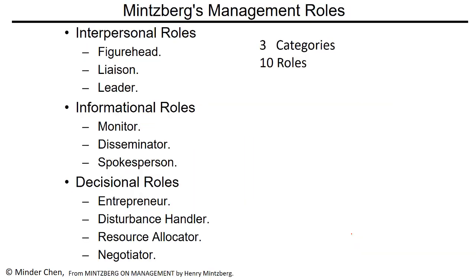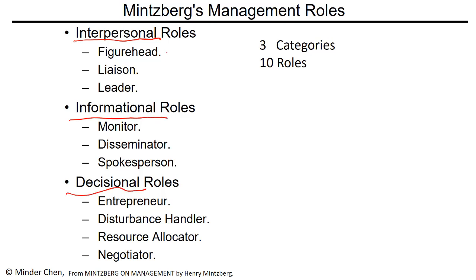And Henry Mintzberg takes another approach to describe what management is all about by describing the roles played by management. There are 10 roles which can be classified into 3 categories: interpersonal, informational, and decisional.